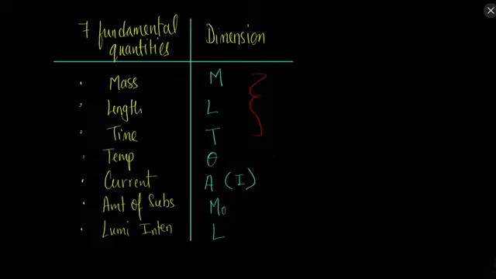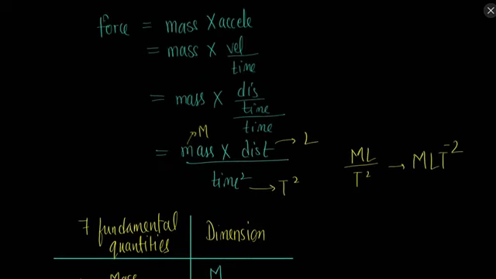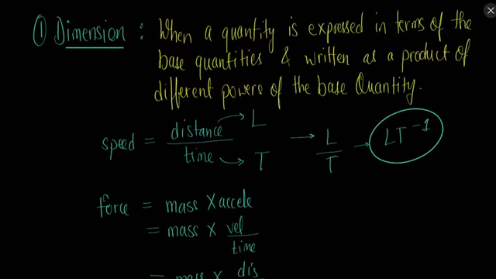Most of the quantities can be expressed in terms of mass, length and time, and especially in the 11th standard, most of the things can be represented by mass, length and time only. So mass, length and time will be our most important fundamental quantities.